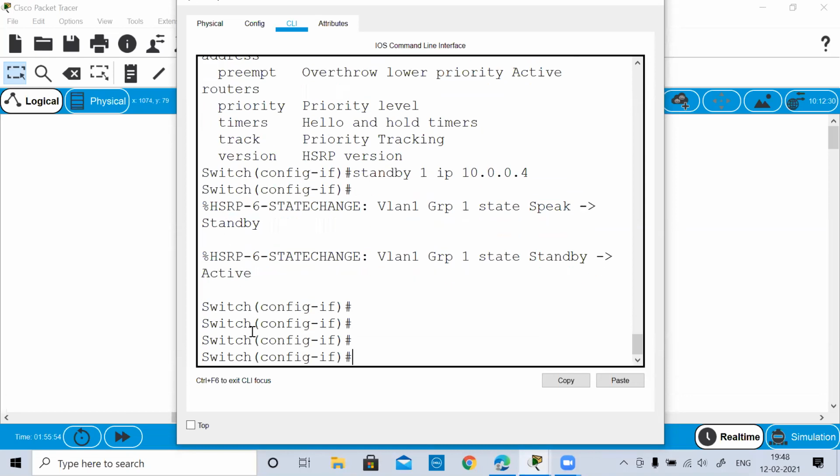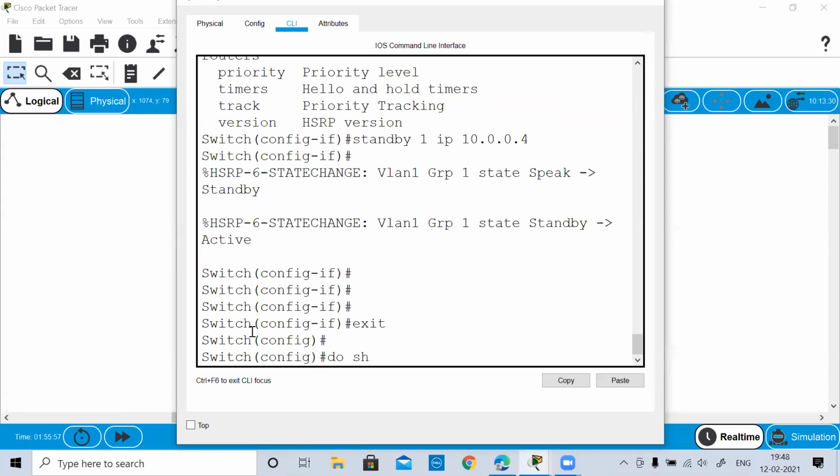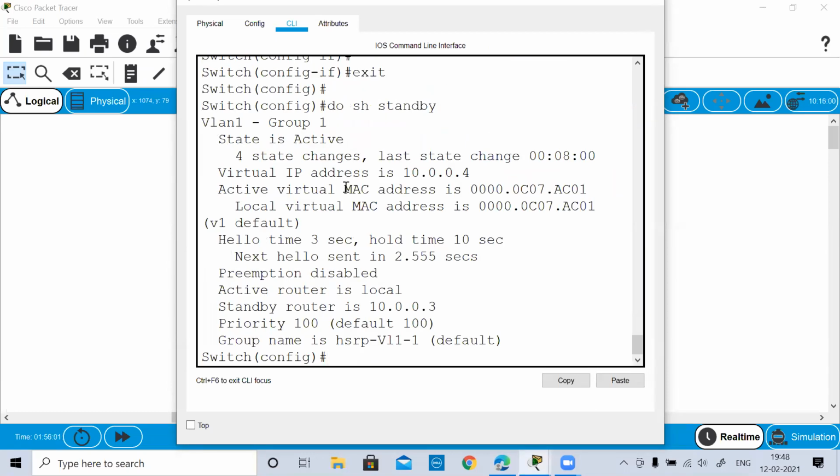So what you have to see is, if you write do show standby, you will get the information about what your virtual MAC address is going to be. Okay, so when that particular interface goes down, 10.0.0.2, which you have configured as a default gateway, initially it used to have the default gateway's MAC address, but now that interface has gone down, so this IP will come to the rescue, and for that you will need a MAC address to talk to the other subnet.